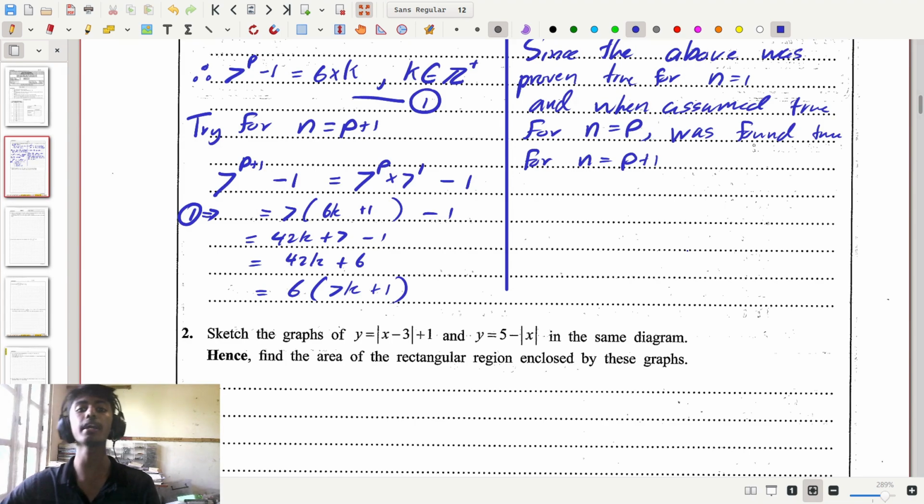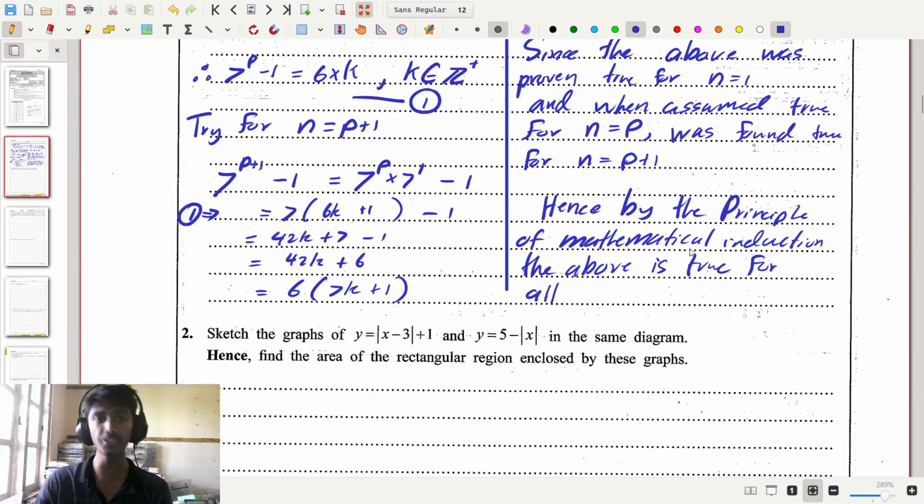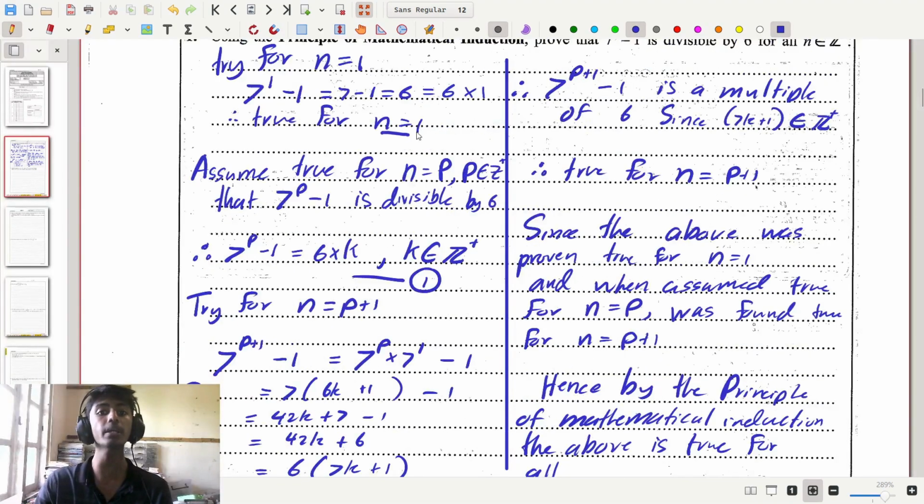And now all you have to say is, hence, by the principle of mathematical induction, the above is true for all relevant n, which in this case we were asked to prove for n element of the positive integers, and we can see with this n equals 1, n equals 2, n equals 3, and so on, we have done exactly that.